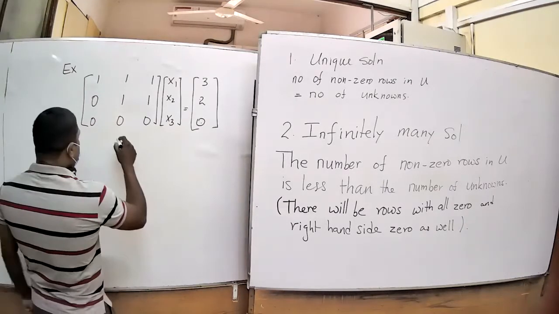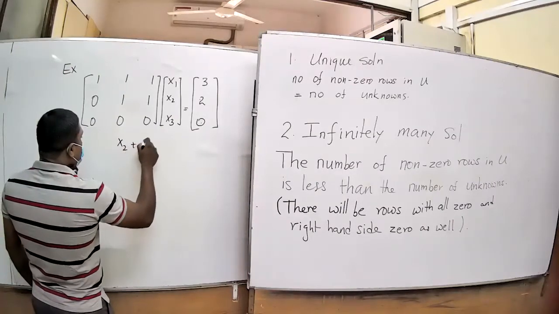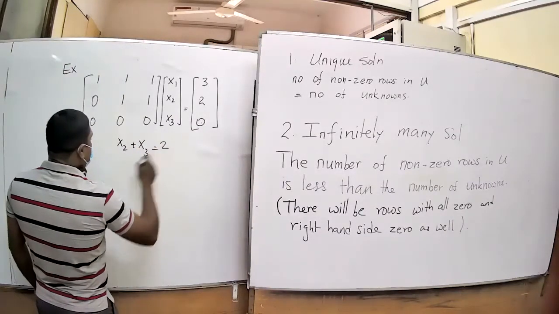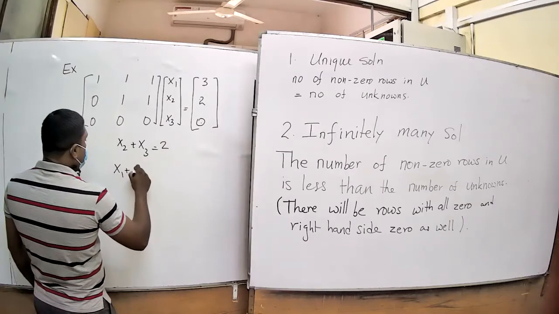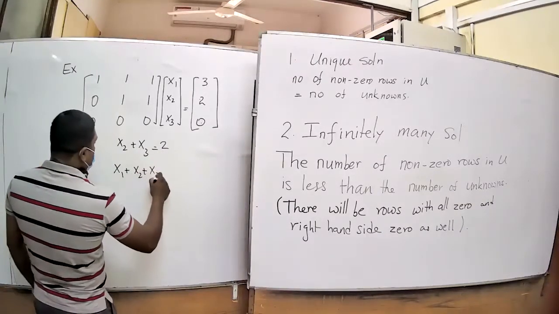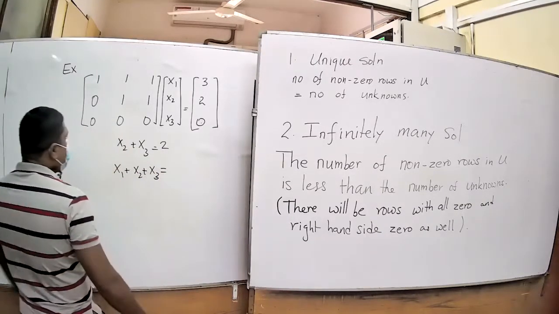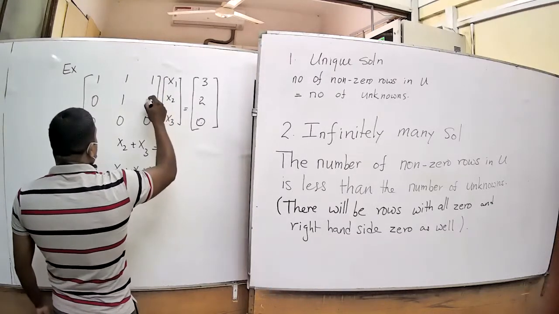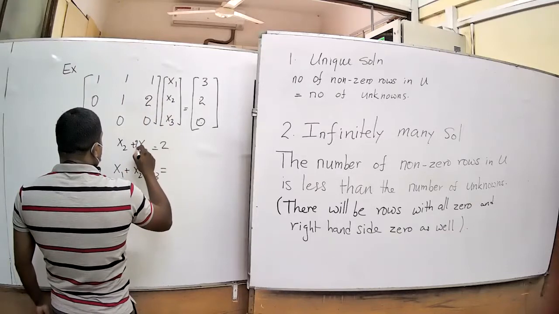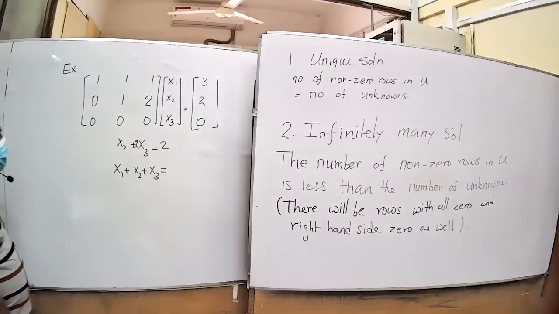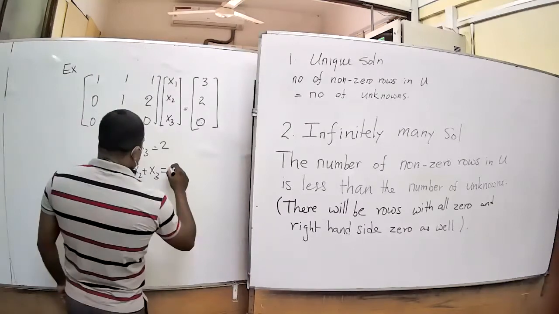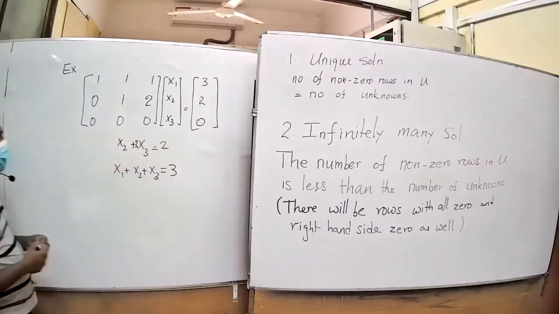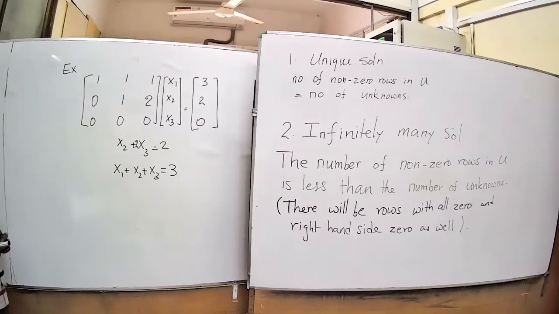So next equation, you know that x2 plus 2x3 is equal to 2, and x1 plus x2 plus x3 is equal to 3. This is what you have. Right? So from this, you don't know x3.